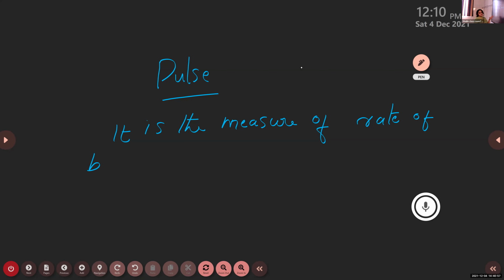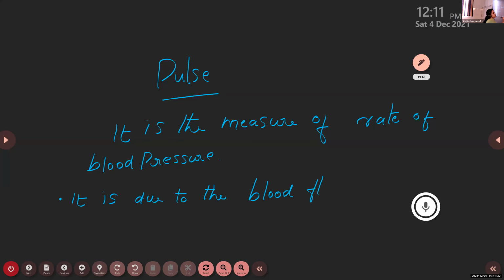So pulse means it is the measure of rate of blood pressure. Or you can write pulse, it is due to the blood flowing in the arteries.